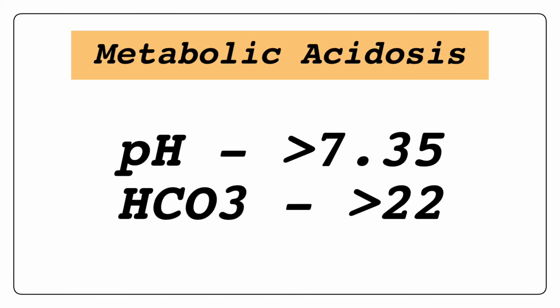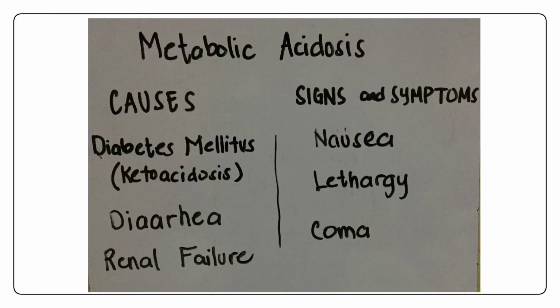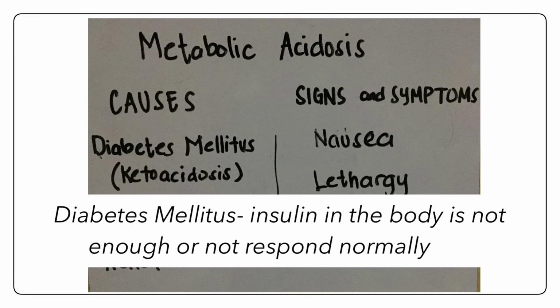We have here metabolic acidosis, where the pH is below 7.35 and the bicarbonate is below 22. Now what causes metabolic acidosis? We have here diabetes mellitus, diarrhea, and renal failure. Let's talk about diabetes mellitus. Normally in a person, we have this hormone called insulin that brings the sugar from the blood to the cell to be kept or used as energy.